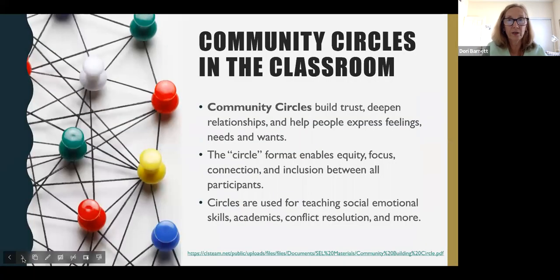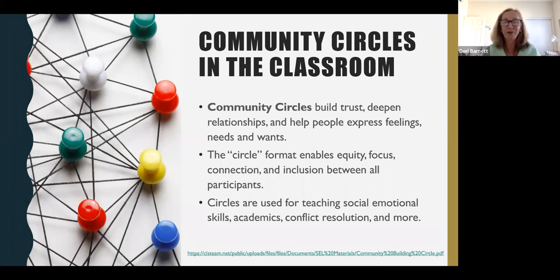All right. So, lastly, I'm just going to briefly run through community circles. A lot of us are in education settings, and you might have heard about the use of community circles, or you might be doing them already. But community circles is a way of building these trusting relationships, practicing some of these effective statements and questions.